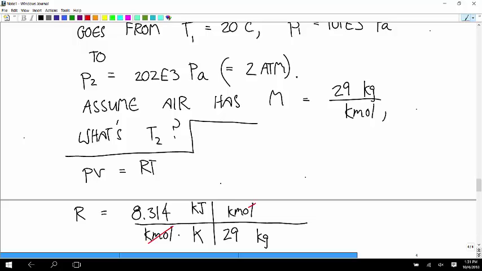We cancel these kilomoles, and you get that R in SI units is equal to 286.69. The number you get is 0.2866, but that's in kilojoules. So if you're going to write it in joules, it's 286.69 joules per kilogram times Kelvin.